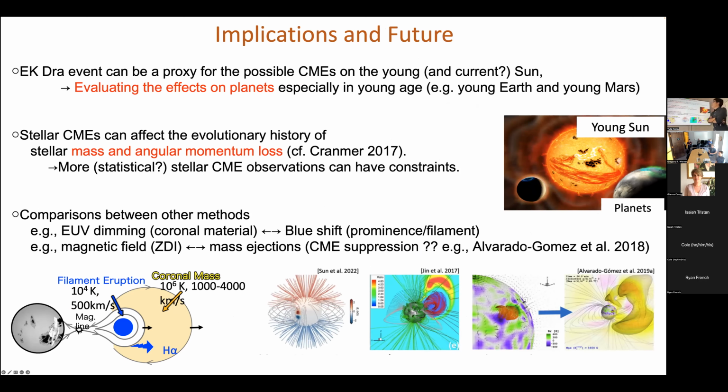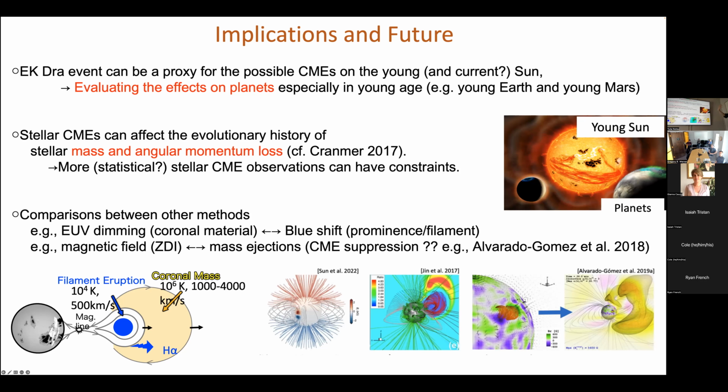So our stellar events can be a proxy for possible coronal mass ejections on the young Sun. This could be related to evaluating the effect on planets, especially at young age, and also possibly a proxy for understanding superflares on our current Sun.